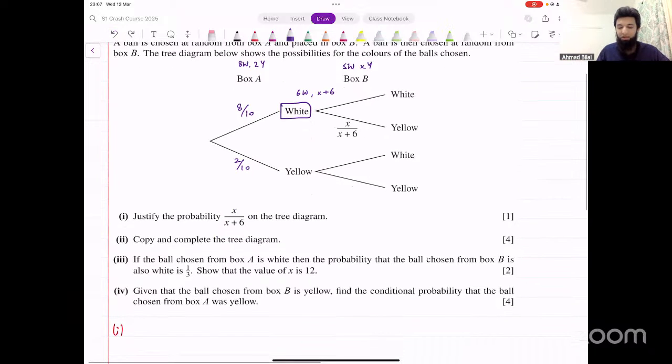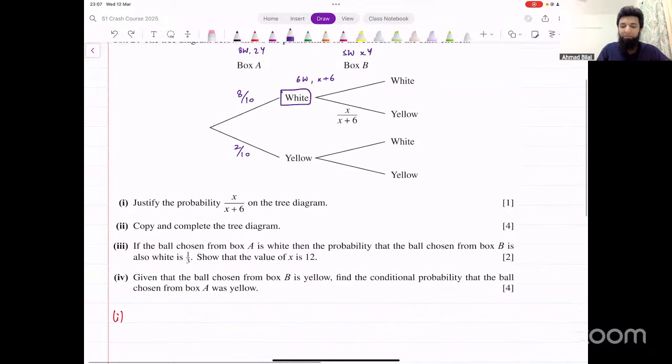What's the working that you would show here? You would say the probability of getting a white ball the second time is going to be the numerator. It has 5 balls earlier, 5 white balls earlier. 1 white ball gets added to it, divided by the total number of balls in box B. Initially, the total number of balls in the second box was x plus 5.